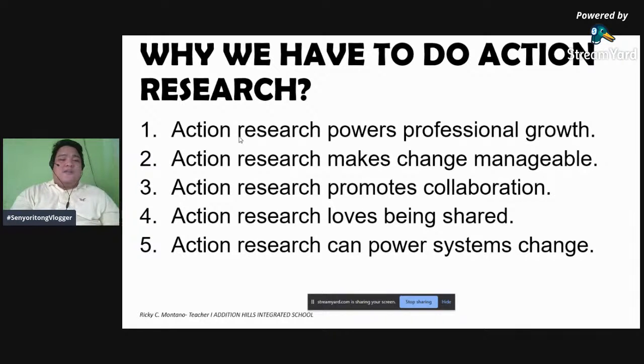Next is, action research can power system change. Yeah, it's very true. Like, who would have thought that you can apply game-based learning in reading, because game-based learning can be applied in outdoor activities?